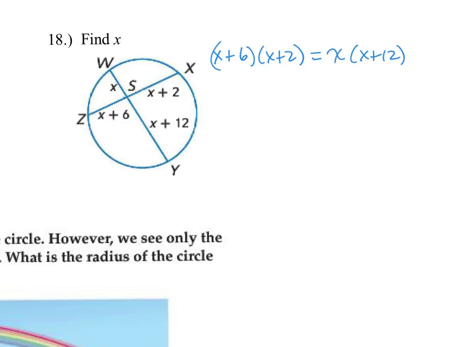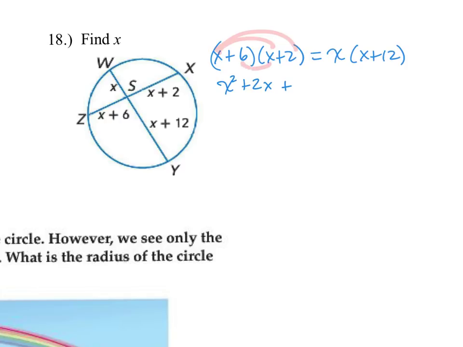Let me just help you a little bit with the algebra. We need to multiply a binomial times a binomial here, so that's going to be a total of 4 multiplications. Let's start by taking x times x and x times 2. We're going to distribute the x. So we would have x squared plus 2x, and then plus, now let's distribute the 6.